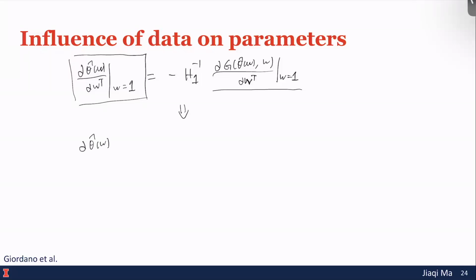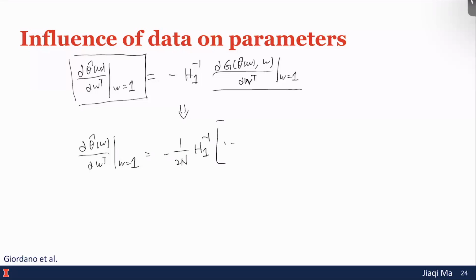Solving the equation gives us minus 1 over 2n H1 inverse.